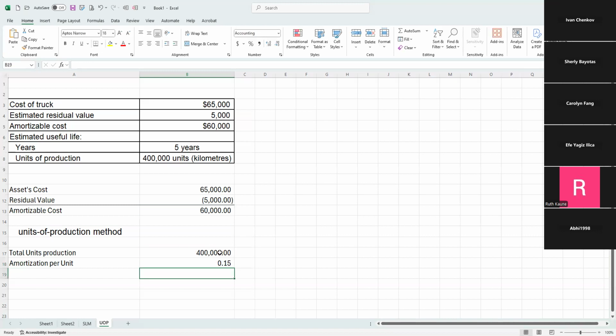So my amortization per unit is 15 cents. What that means is that every time I produce 1 unit or pass 1 kilometer with my asset, I have to amortize 15 cents. I have to add 15 cents to amortization. Does that make sense?